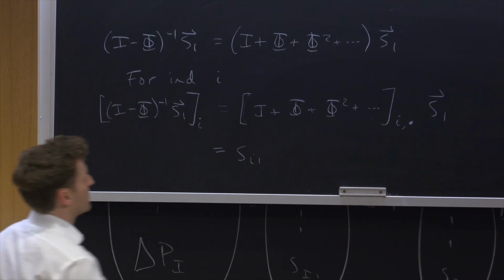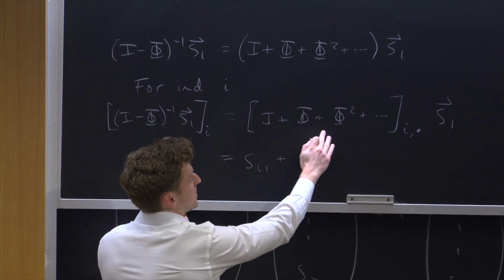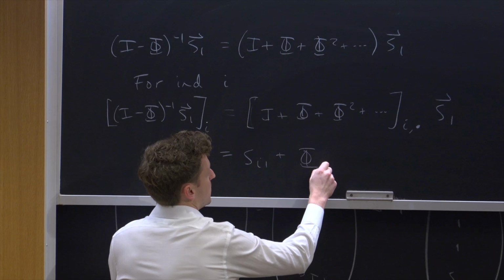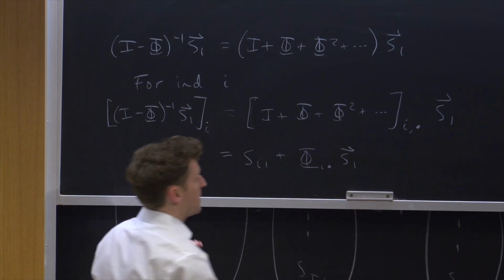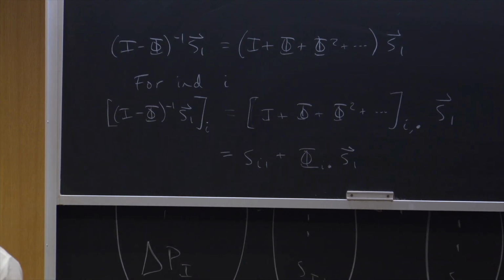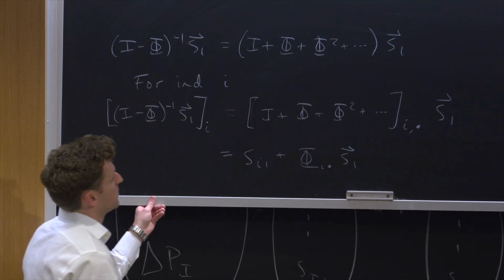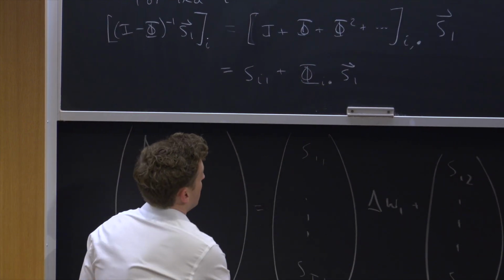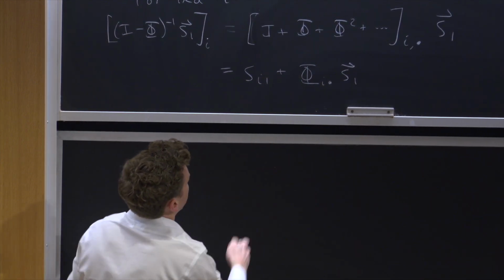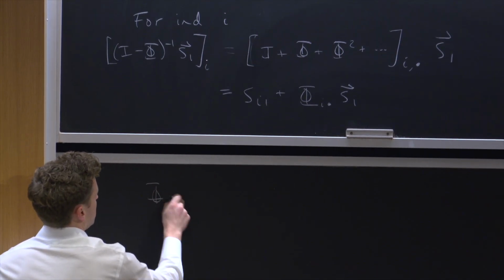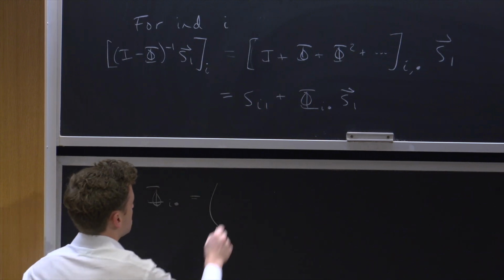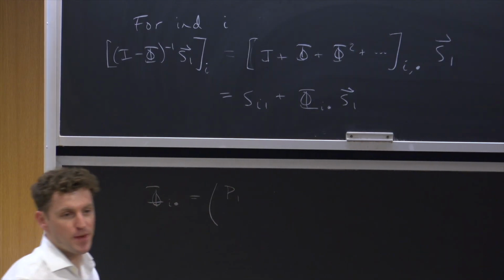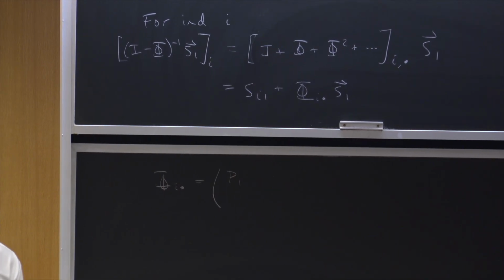Now what's the next share? The next share is the ith row of the input-output matrix, take all the columns and multiply that by this whole vector of cost shares. What are these? Well, remember, phi i, all the columns, really is how much industry i spends on each intermediate input relative to its cost.